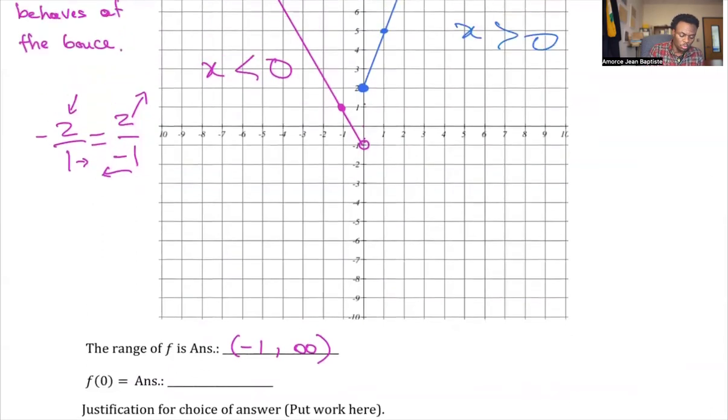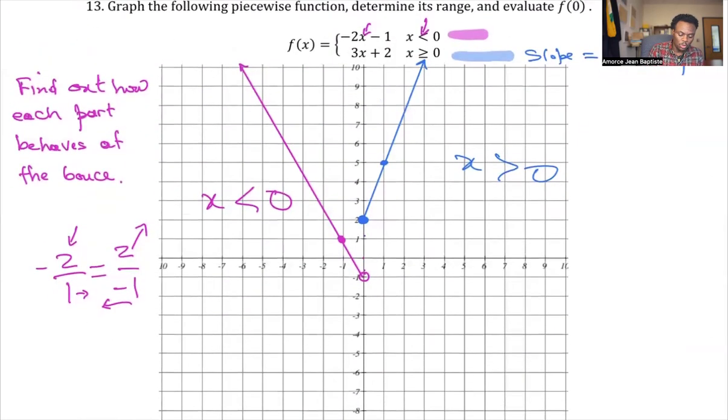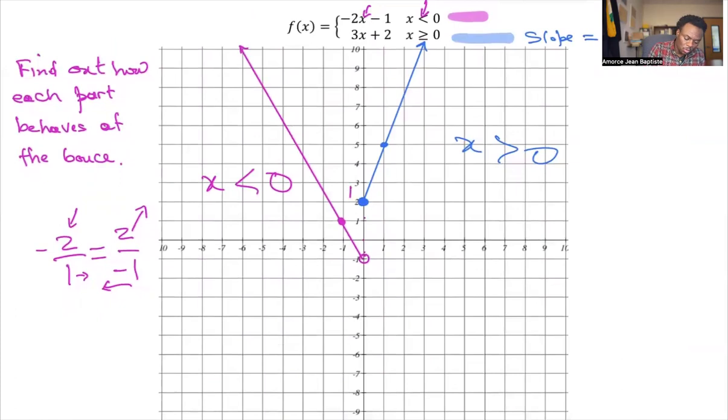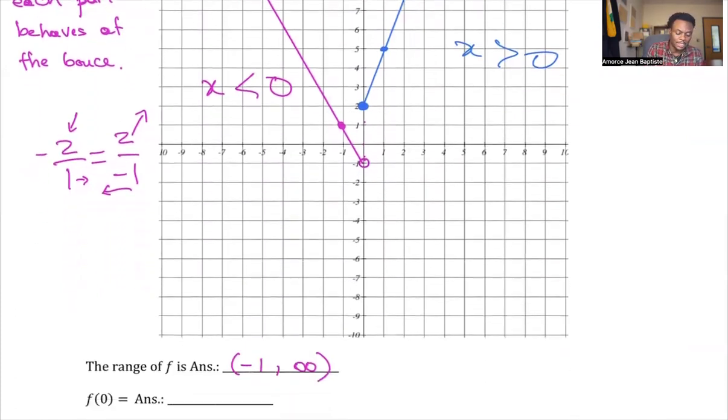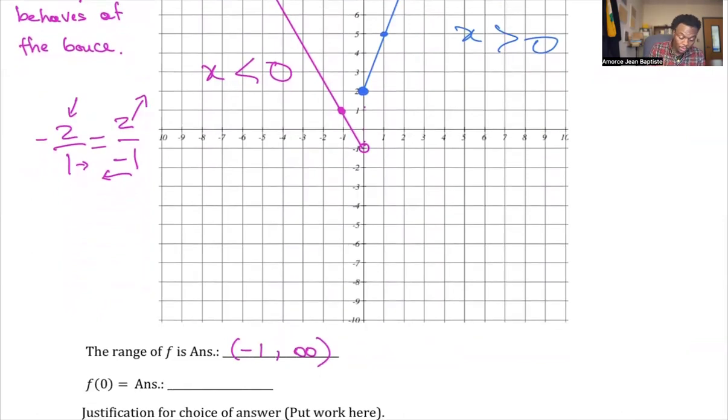And f of 0, well, we can see how we have 0 in both of them, but we're just going to keep where it has a closed circle only. So f of 0 would be where you have the closed circle, that is 2. For x equals 0, you're not going to go here because it's not counted, but you can go up here to get the y value for x equals 0.